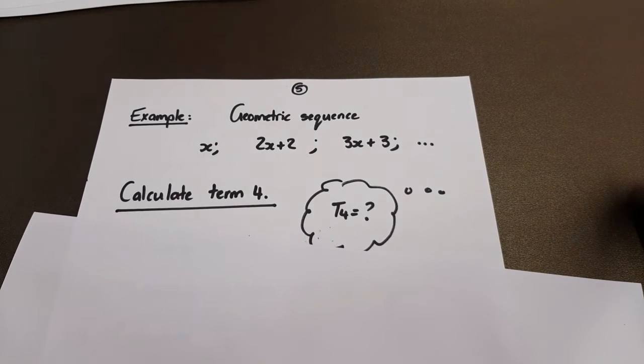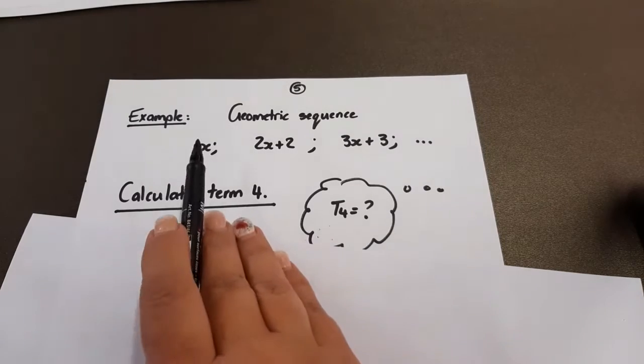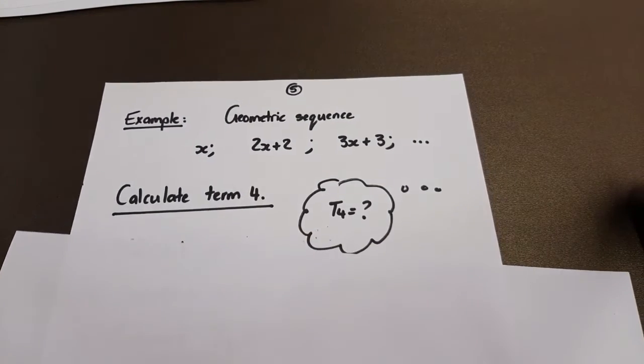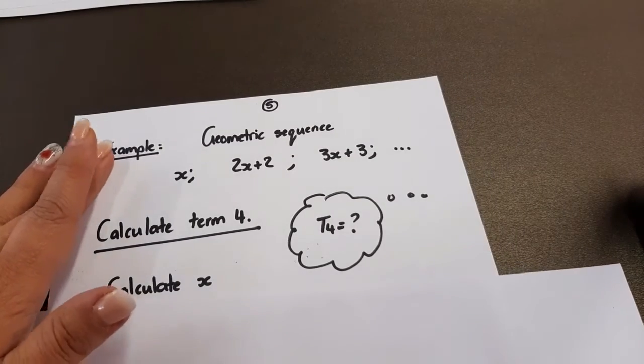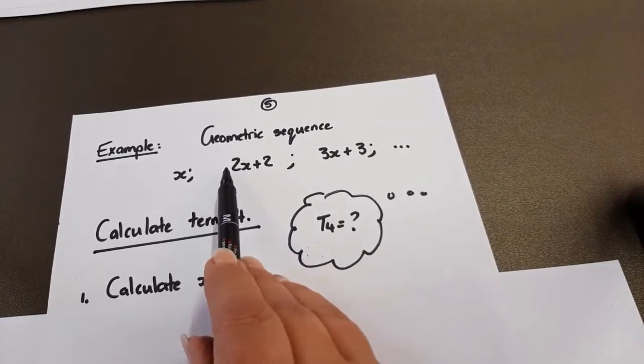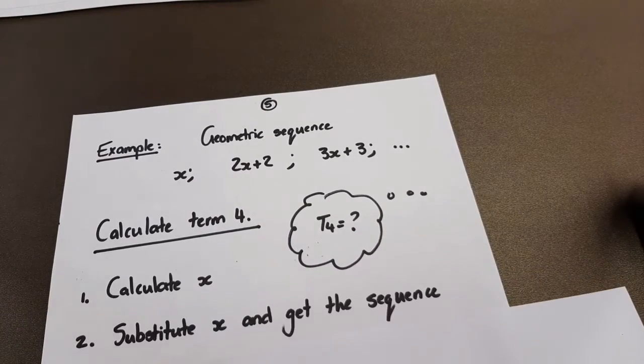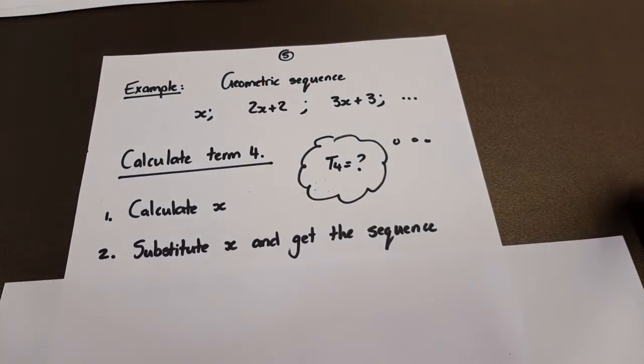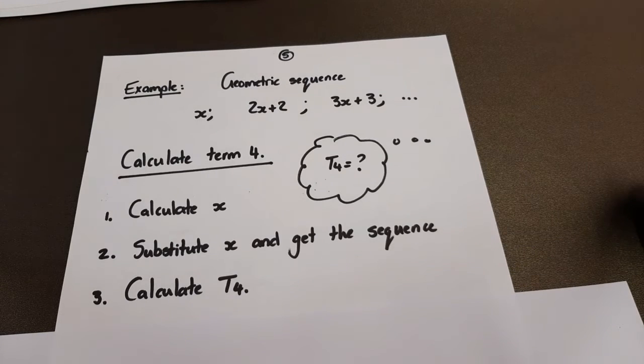In order to do that, we have a few intermediate steps. We first need to work out what x is. And when we know what x is, we can substitute x in there to get our term values or get the sequence. And once we have the sequence, we can calculate term 4.